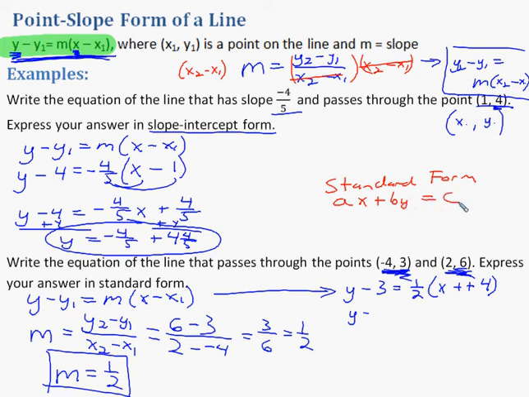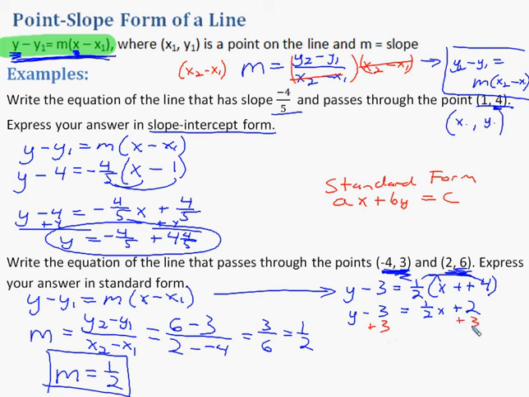So we want the terms with x and y on one side and the constant term on the other. We're still going to start by distributing. So this is distributed: 1/2 x plus 2.